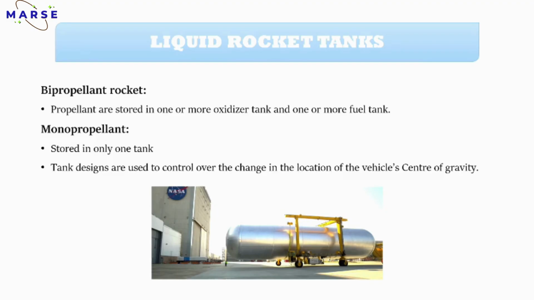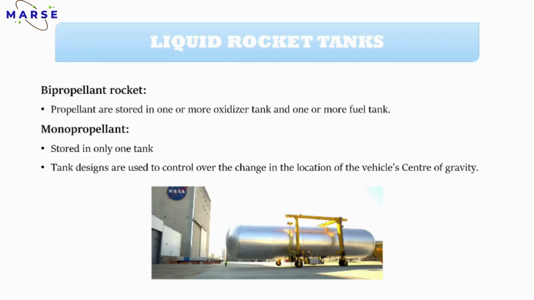Tank design is used to control the change in the location of the vehicle's center of gravity. In the figure you can see, just imagine the weight of the tank. It has very high weight as compared to the propulsion system, because all the oxidizer or all the fuel is present in the tank. So when you change the, in the first module we discussed the stable condition for the CG and CP, right?